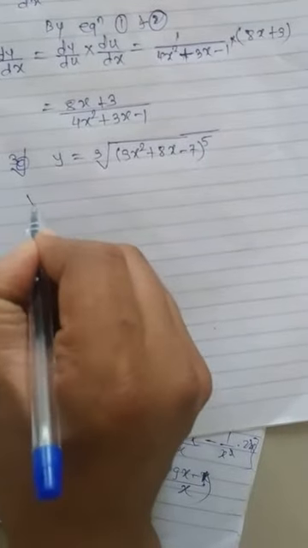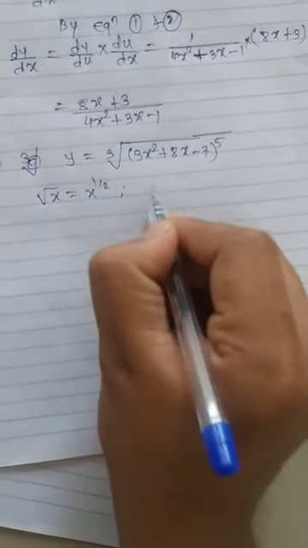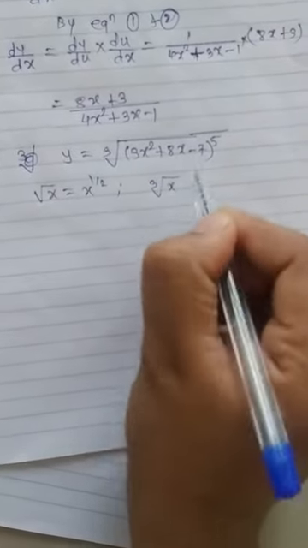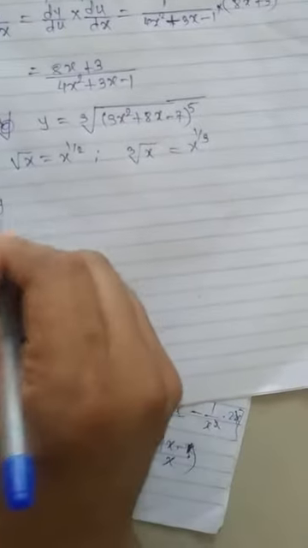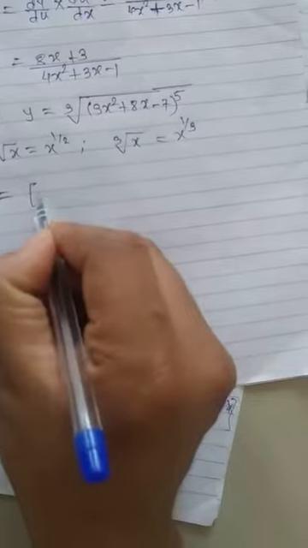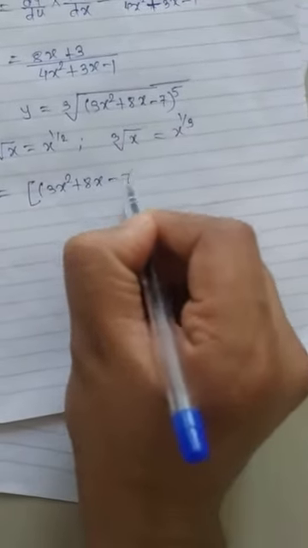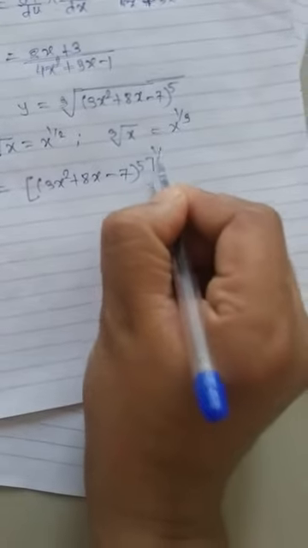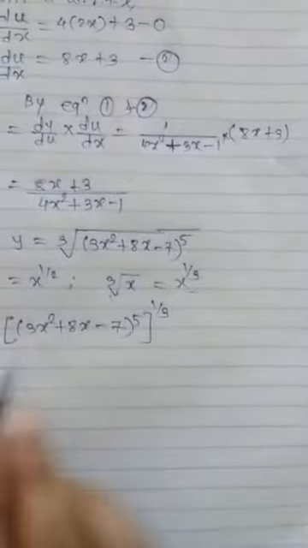We know that root x can be written as x raised to 1/2. Similarly, cube root of x can be written as x raised to 1/3. So this total term (3x² + 8x − 7)⁵ is raised to 1/3.